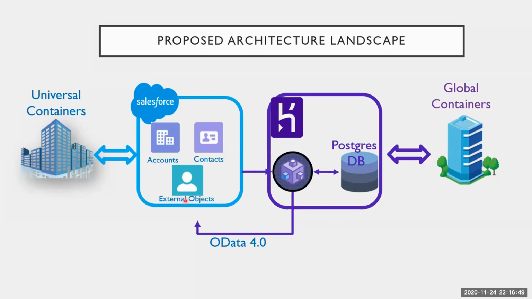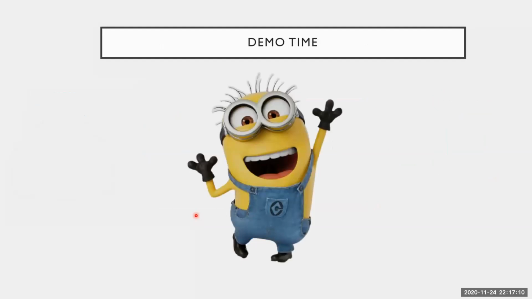The Universal Containers employees can see those accounts but cannot edit them, and the sync between those two is near real time. So this is the proposed diagram, and this is what we'll see in a demo. Now it's demo time, so we'll move to the demo.